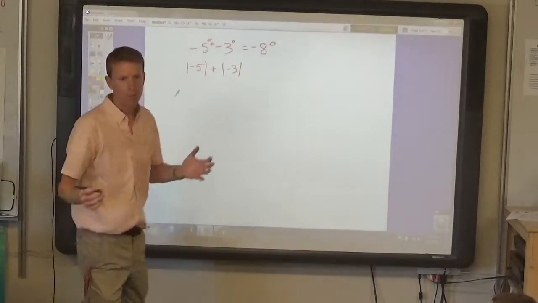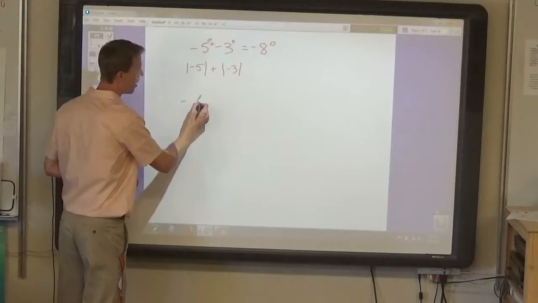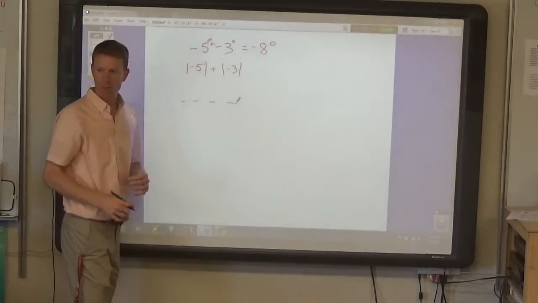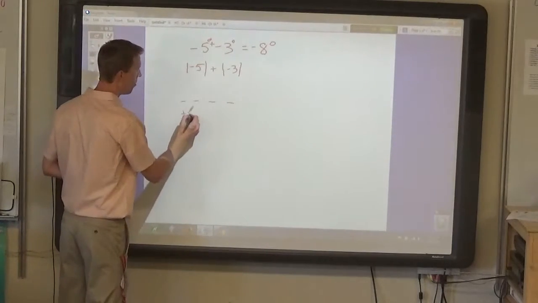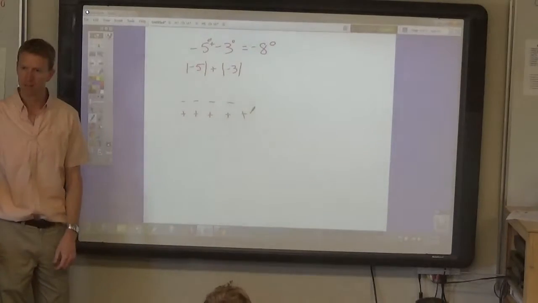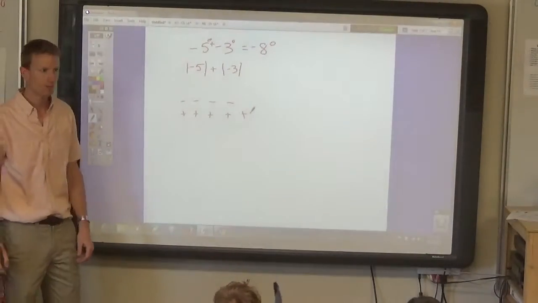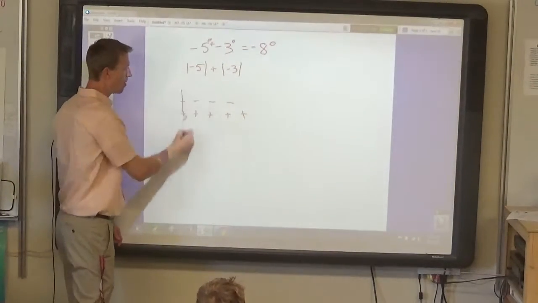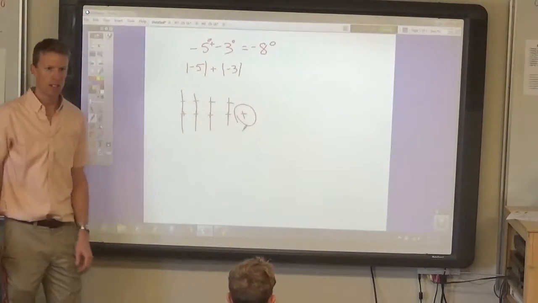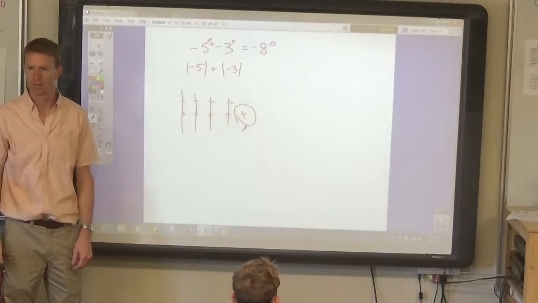So for minus 4, you can just write 1, 2, 3, 4 minus signs. And for plus 5, you could write 1, 2, 3, 4, 5 plus signs. And then cross them out. 1 plus is left over. Okay?